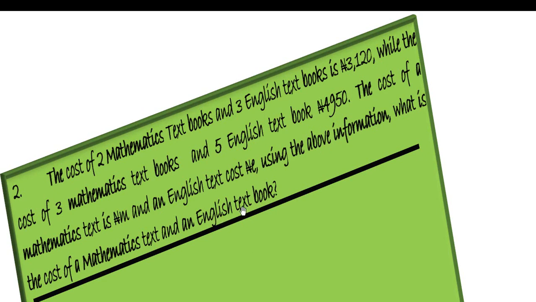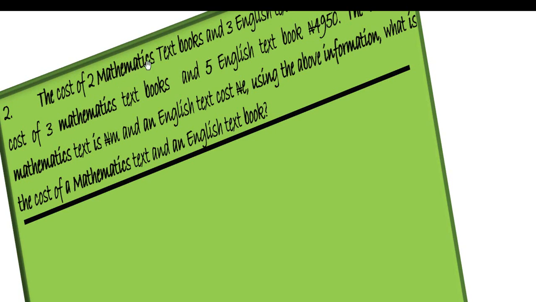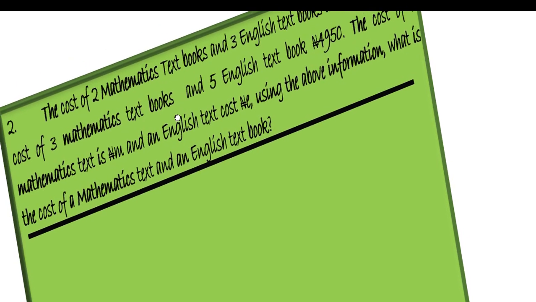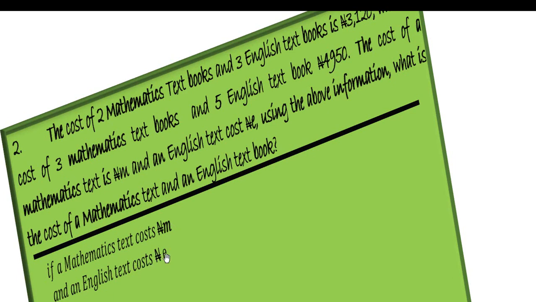If a mathematics textbook costs M naira and an English textbook costs E naira, then let's look at it. 2 mathematics textbooks and 3 English textbooks is what?